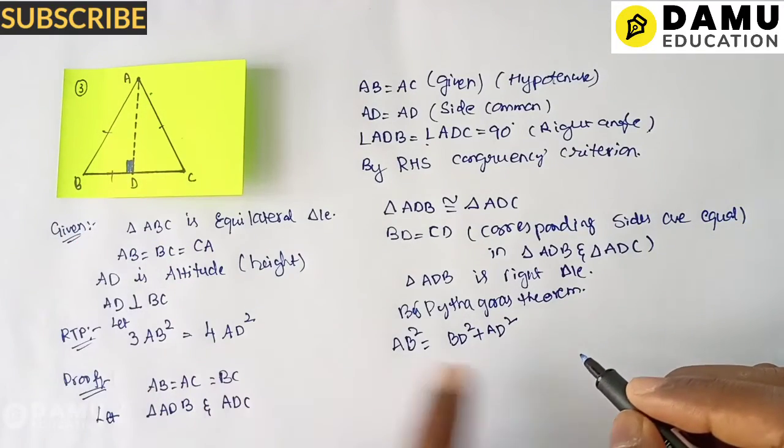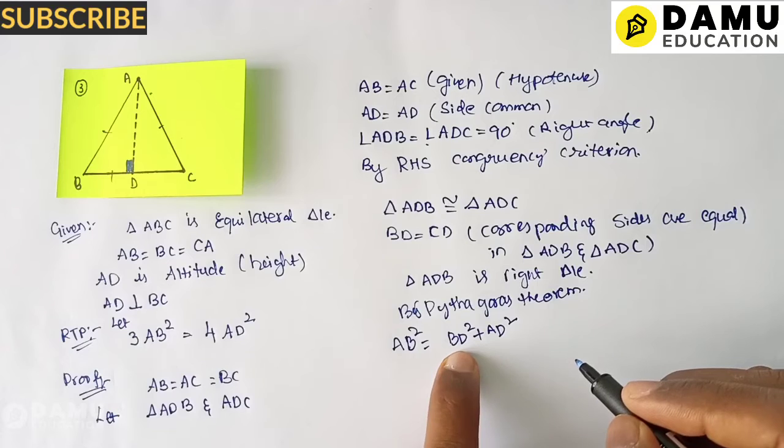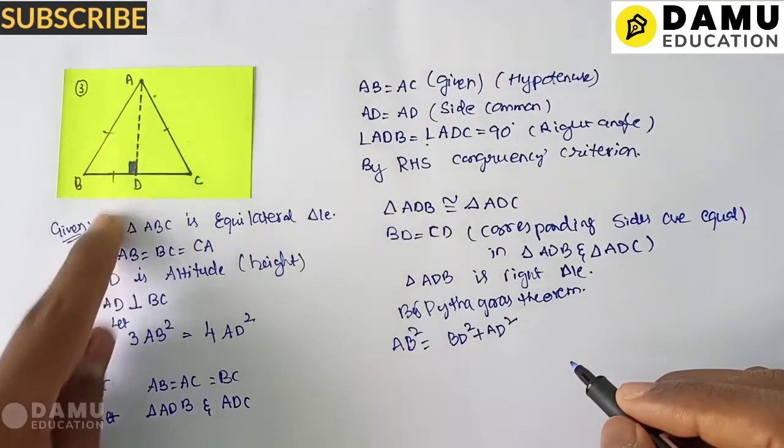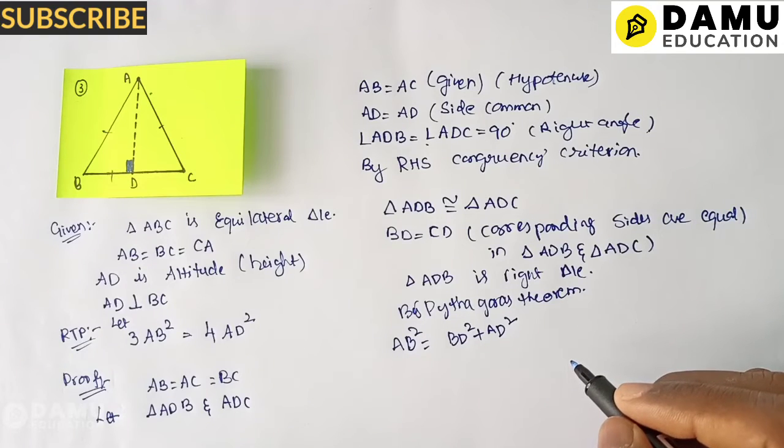Here AD is already there, AB is there, but we have to convert only BD. BD you can convert in the format of AB.